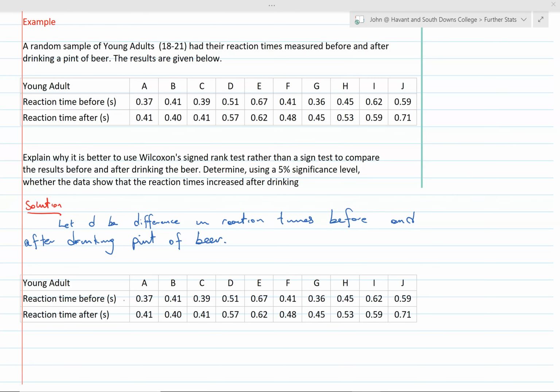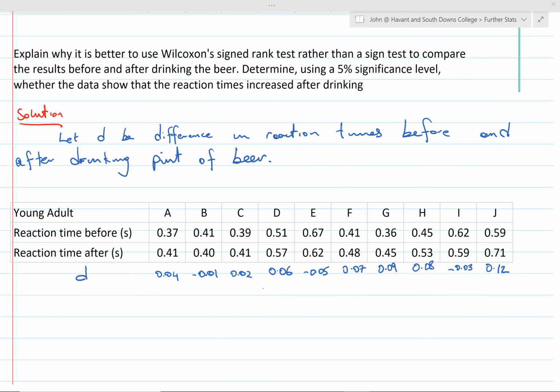Okay, so again we're looking at D, the difference between the reaction times before and after drinking a pint of beer. So let's write those in. Positive if it's greater than, so that's 0.04 there. Here we've got minus 0.01. Here we've got 0.02. Here we've got 0.06. And so on. Taking care with that and making sure that the signs are correct.